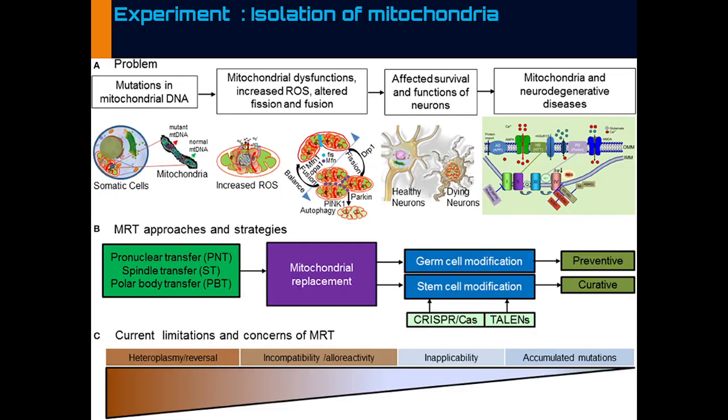There are corrective measures also. I'm not going into detail about those corrective measures, but what you can see here is that there are certain modifications, like you can replace the mitochondria.